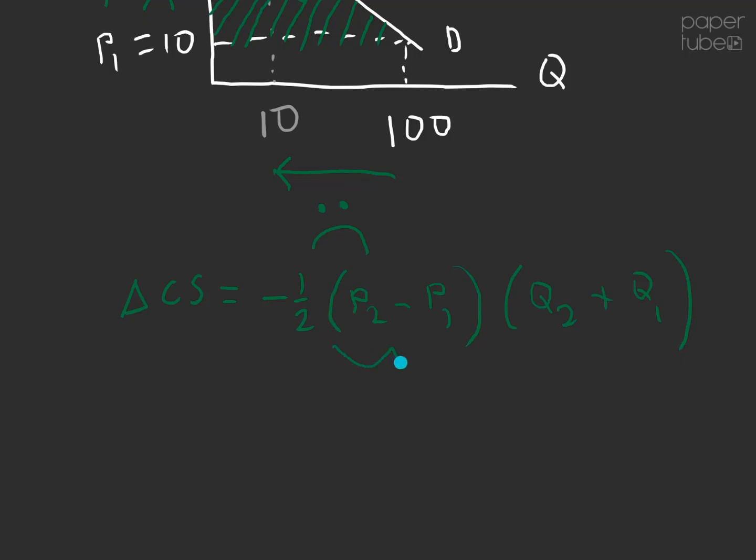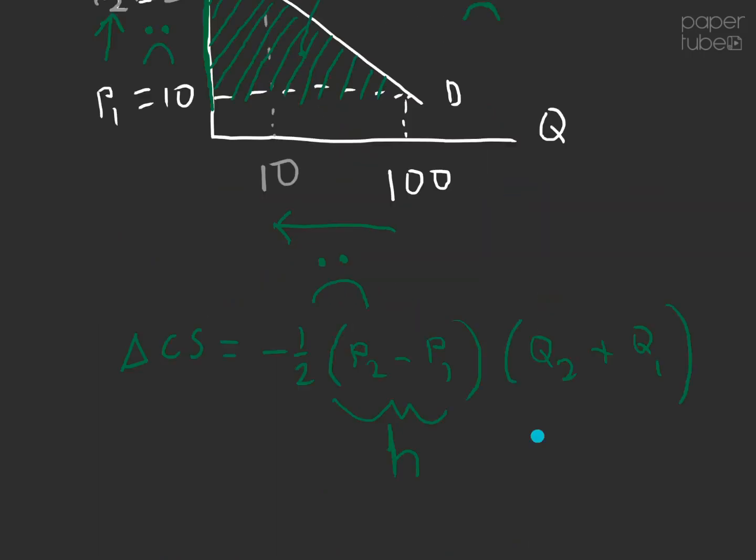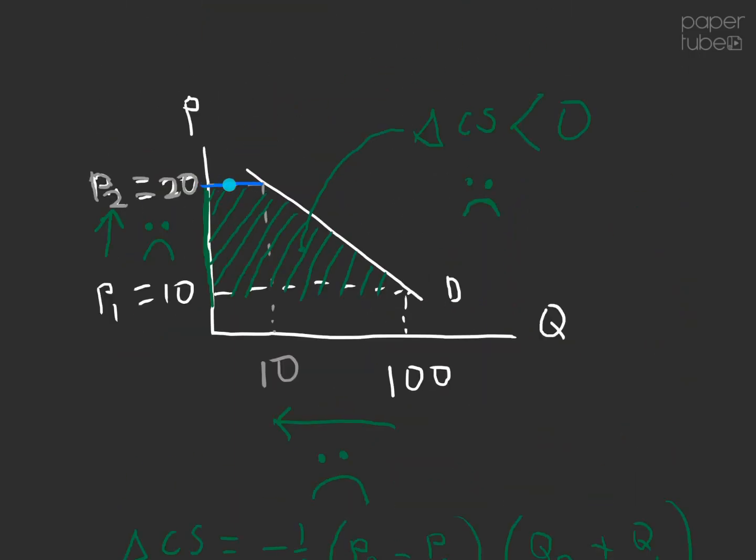Before we plug in any numbers, I want to point out that this thing right here in the middle, P2 minus P1, is going to be the height of our trapezoid. This distance right here between 20 and 10. And Q2 plus Q1 will be base 1 plus base 2, or the length of the top plus the length of the bottom. Here is the length of the top, and here is the length of the bottom.